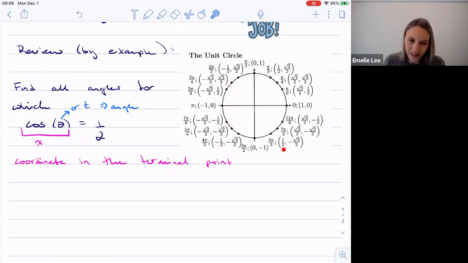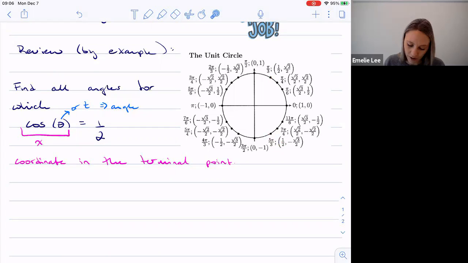And then here, I get an x value of 1/2 again, right? And so what happens is I can go from pi over 3, right? But then I also have this 5 pi over 3, or if you prefer, it might be nice to talk about the negative angle because it's closer, right?